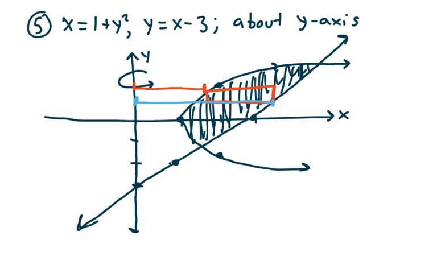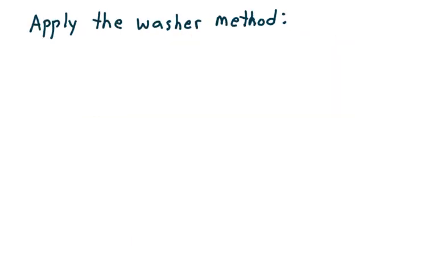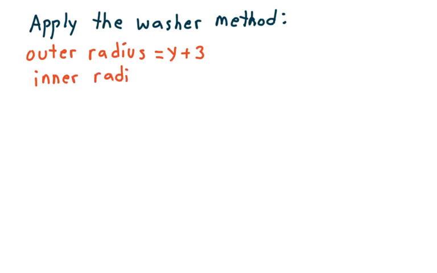So now, notice if y equals x minus 3, we can say that x equals y plus 3, right? So the outer radius is going to be y plus 3. The inner radius is 1 plus y squared.